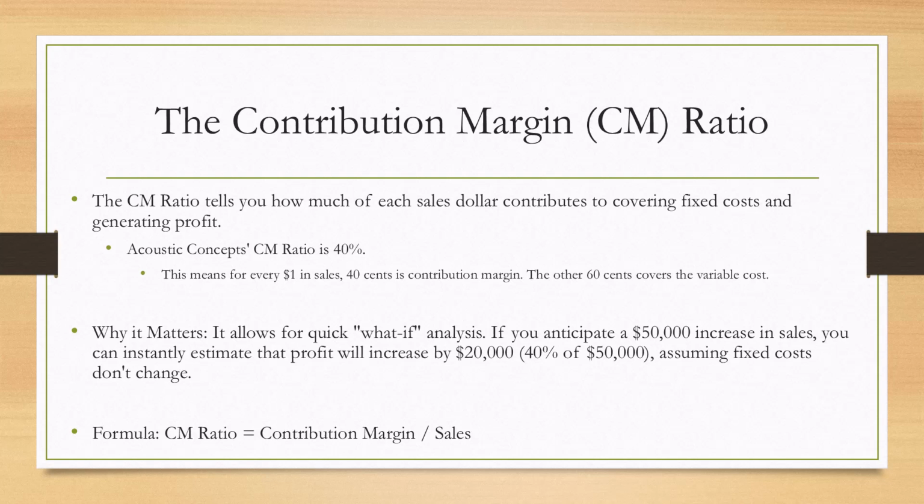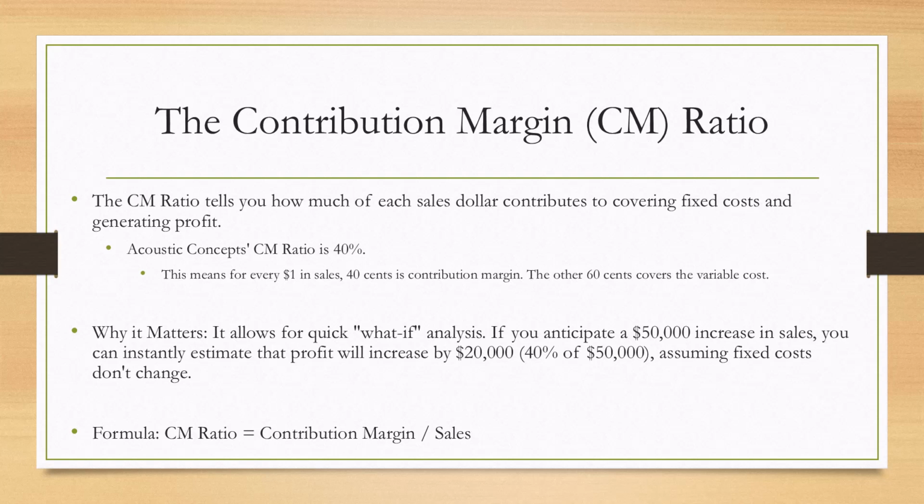The CM ratio tells you what percentage of each sales dollar is available to contribute to covering fixed costs and then to profit. Acoustic Concepts has a CM ratio of 40%. This means that for every single dollar of sales, 40 cents is contribution margin. The other 60 cents is used to cover the variable cost of the product.